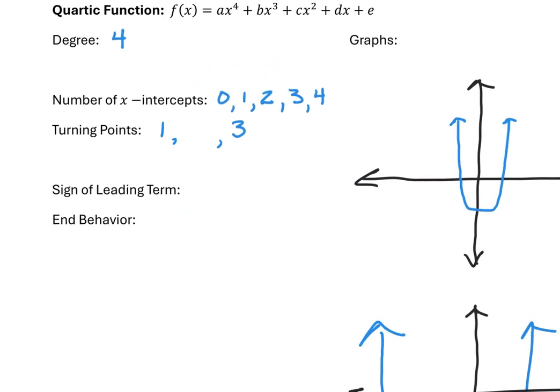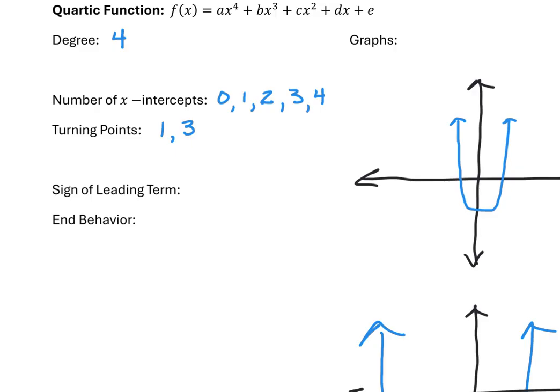We did not see any examples where we have 2 turning points. We didn't see any examples where we have 0 turning points. And so when we talk about a quartic function, the number of turning points is either going to be 1 or 3.